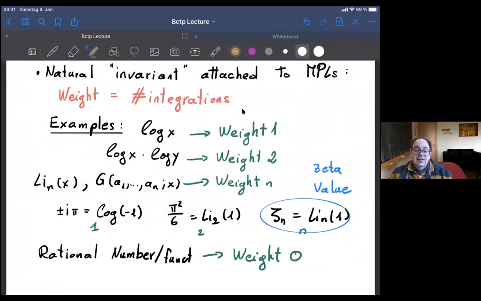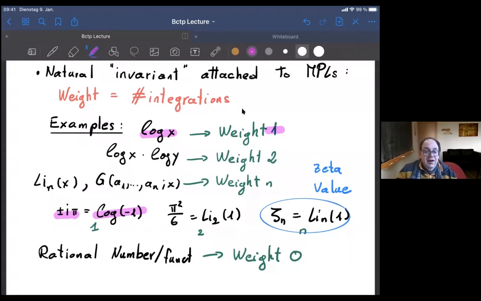I will extend this, well, it's mathematically required in the end. You will also extend this to numbers. For example, if I define log x to have weight 1, well, then pi better have weight 1 as well, because pi, I can say, is the logarithm of -1.